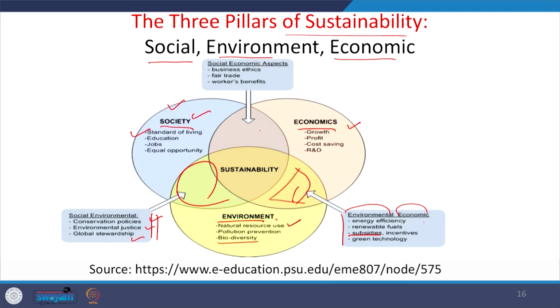And the last intersection point, between societal sustainability and economic sustainability, is reflected here. So, for example, we can talk about business ethics, or how workers can be benefited, taking into account societal welfare and economic sustainability.